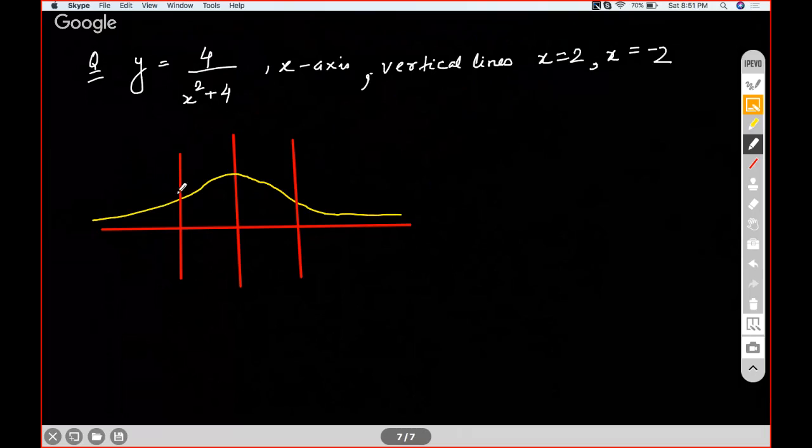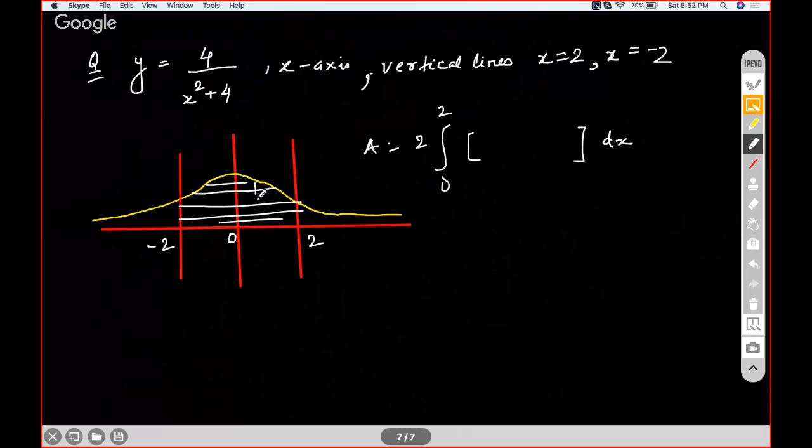And I need the area between the curve and the x-axis. That means they want this area to be found out. Now I can see that from the symmetry of the figure, if I integrate the area between 0 to 2 and twice it up, I should get my answer. But what should I integrate?